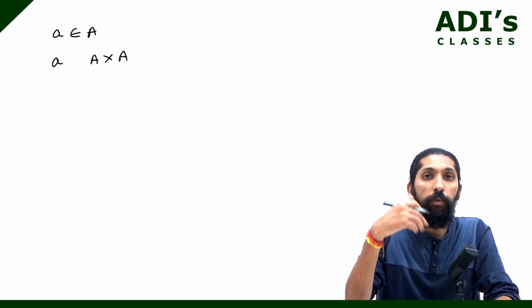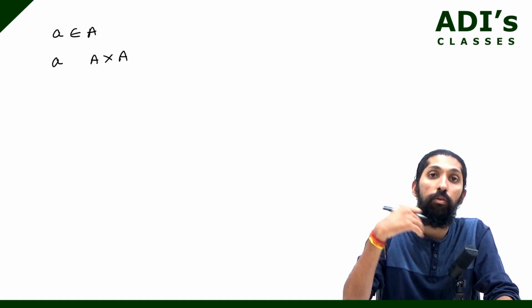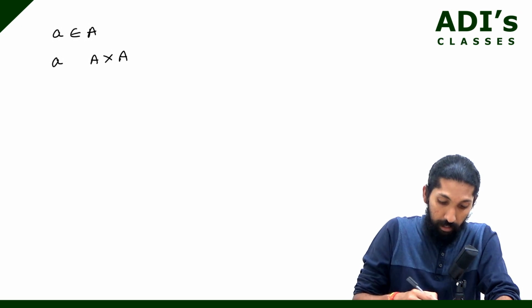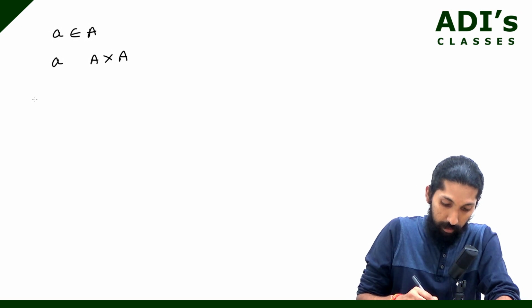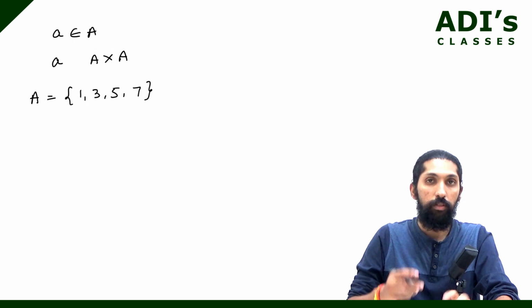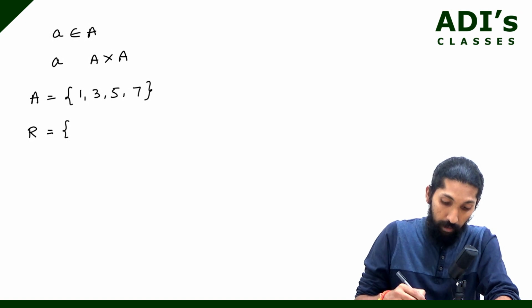So what do we mean by this? Let's assume we have some value. Let's take an example and do it. Suppose we have one set, let's say A is equal to {1, 3, 5, 7}. I'm going to define a relation R such that the sum is equal to an odd number.